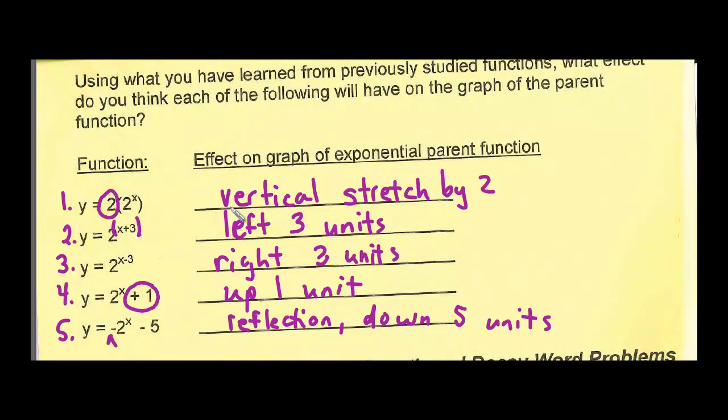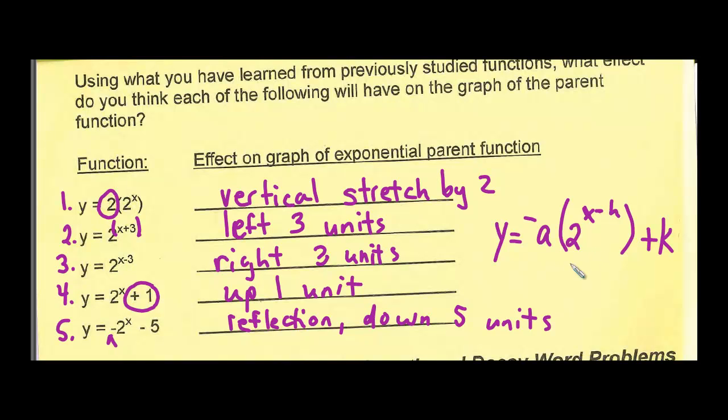So in number 1, we have a vertical stretch by 2. In number 2, we move left 3 units. Number 3, we move right 3 units. Number 4, we move up 1 unit. And number 5, this is a reflection, and we move down 5 units.